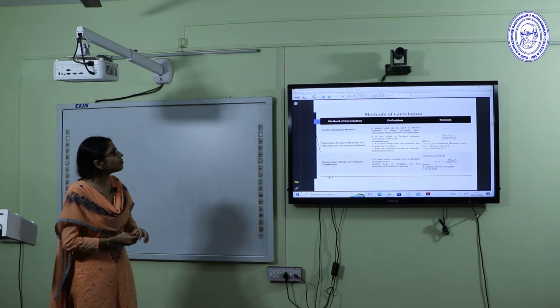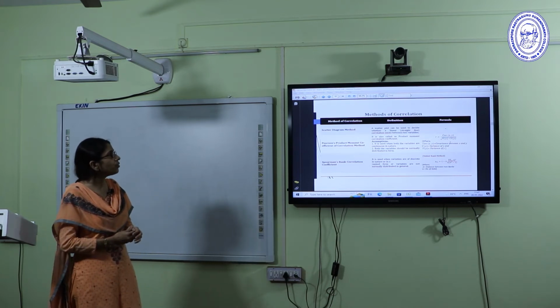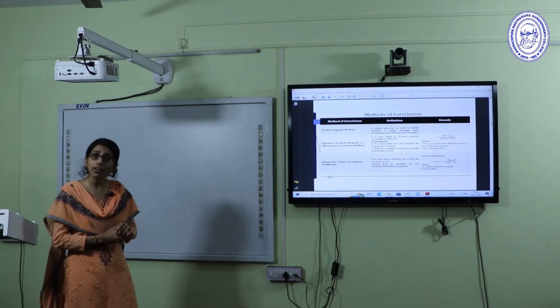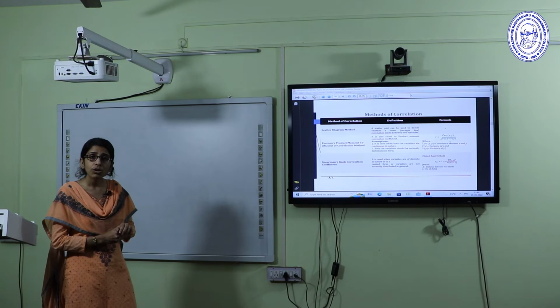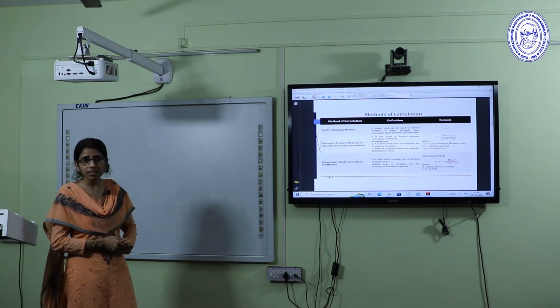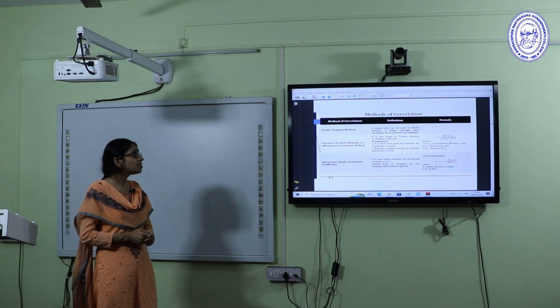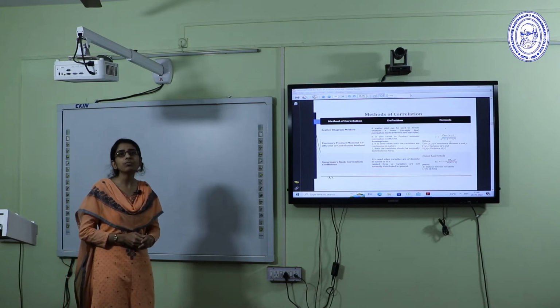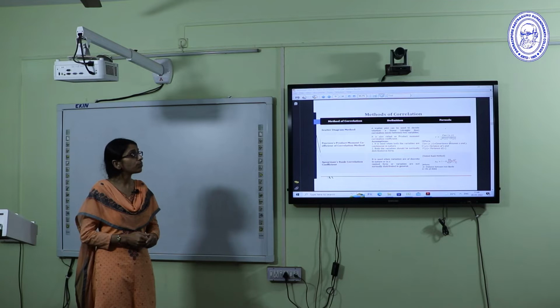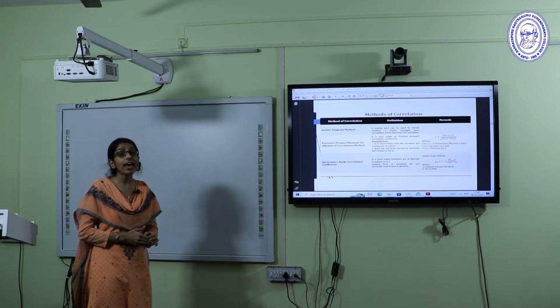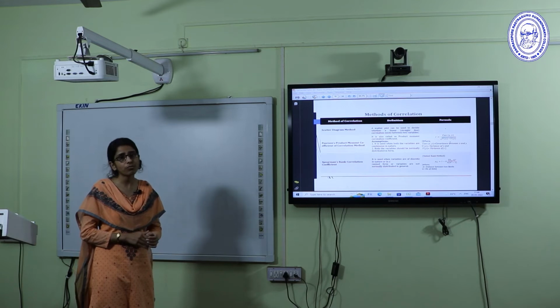So, in terms of methods of correlation, we can express it through the line graph method, the scatter diagram method, Pearson's product moment correlation method, or Spearman's rank correlation coefficient method.